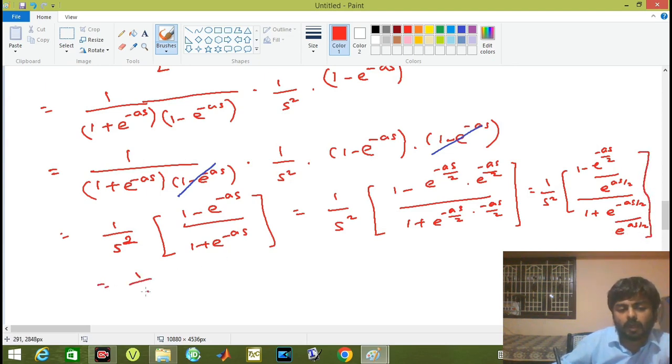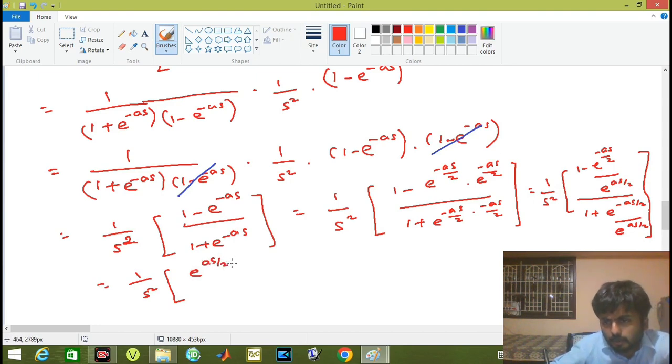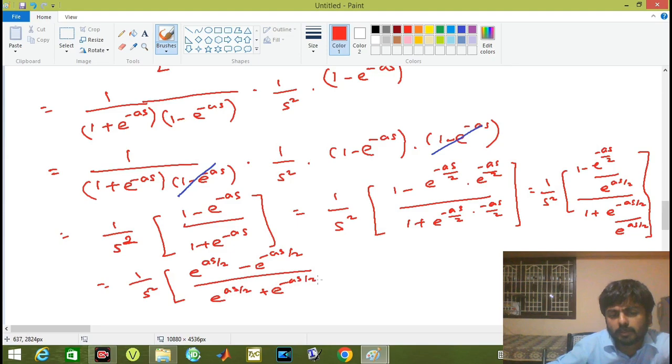So we will have 1 by s square into e power of as by 2 minus e power of minus as by 2, whole divided by e power of as by 2 plus e power of minus as by 2.